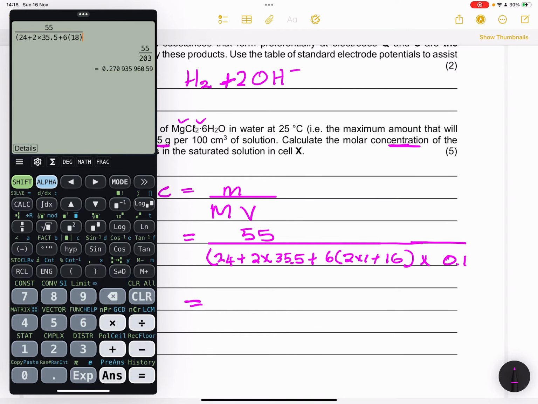So that's 18 for water. All right, and I'm going to close that bracket. And this is multiplied by 0.1. All right, and I get the concentration to be 2.7. Okay, that's let's say 2.71 moles per cubic decimeter.